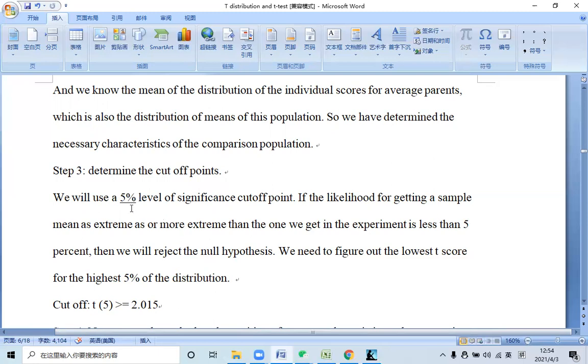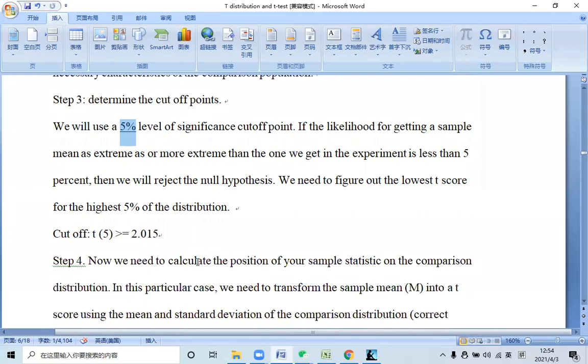So based on this p value, we can find out the cutoff point. The cutoff point for the t distribution is based on the p value, and also on the degrees of freedom. You need 2 numbers to determine the t distribution cutoff.